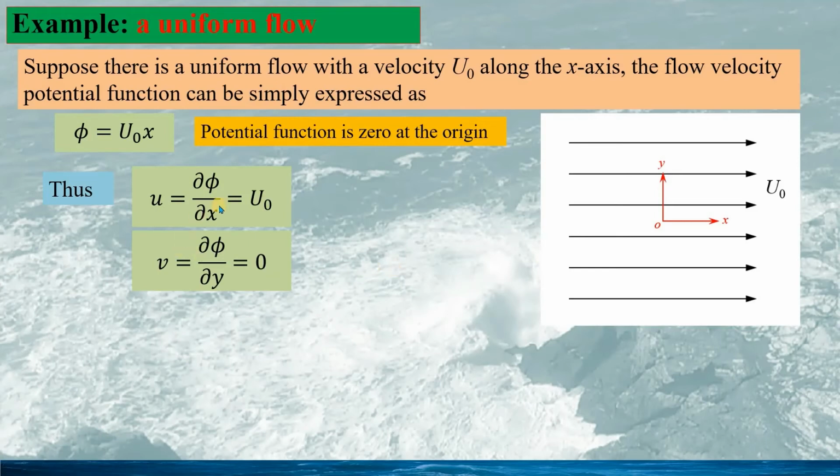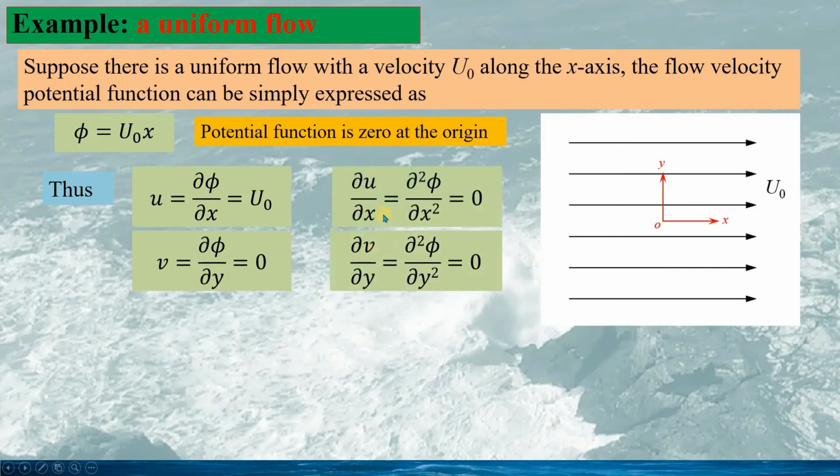So these velocity components are the constant velocity u0 or 0. So this is the uniform flow. And we can also calculate the velocity differentiation with x and y.